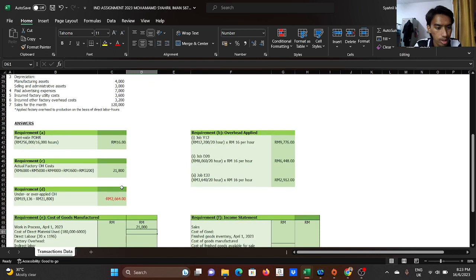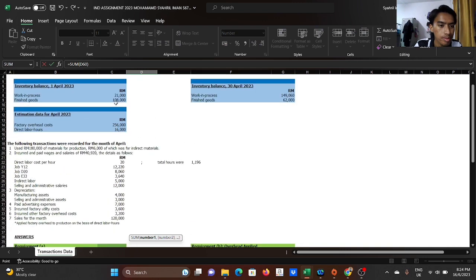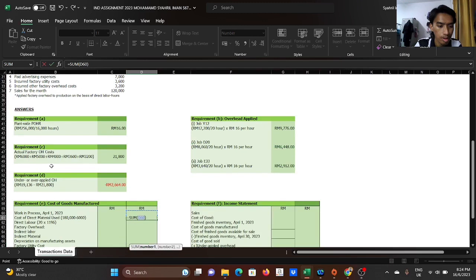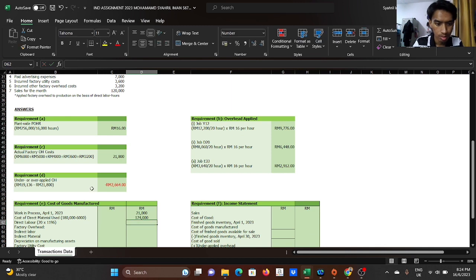So we need to minus. We take 100,000 and minus 6,000. So sum it. And we get 174,000. Next is direct labor.